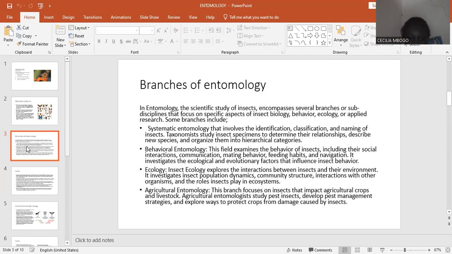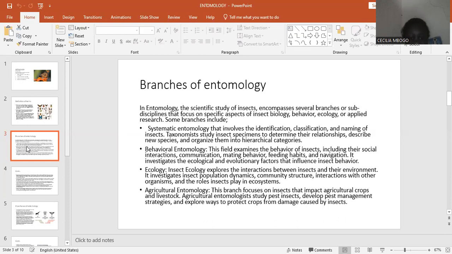These branches include systematic entomology, and this involves the identification, classification, and naming of insects. This is what taxonomists majorly use to study insect specimens to determine their relationships. They also describe new species and organize them into hierarchical categories.